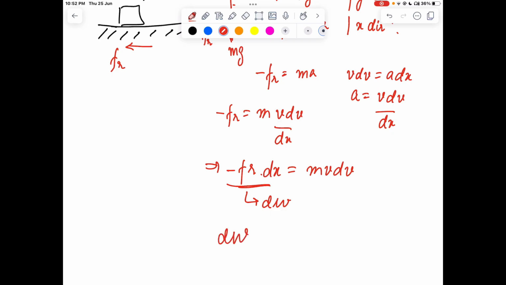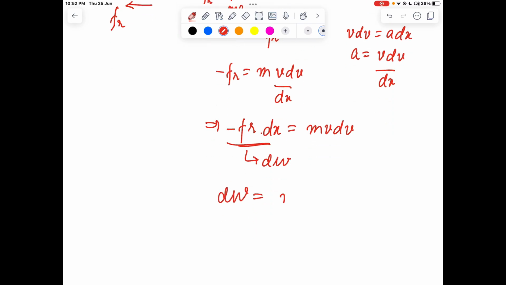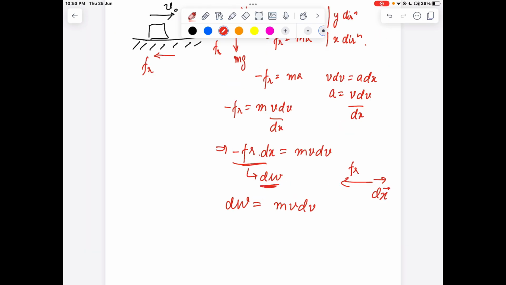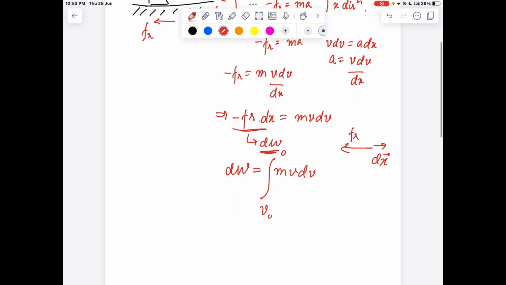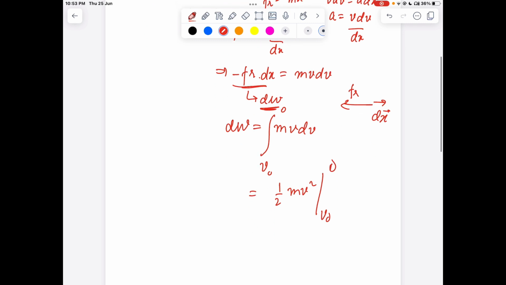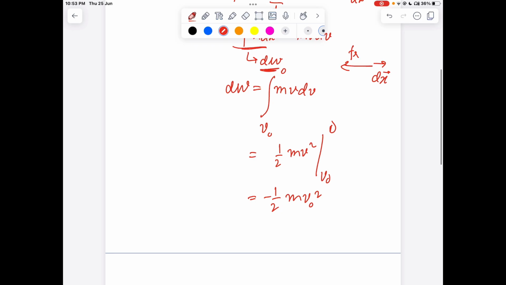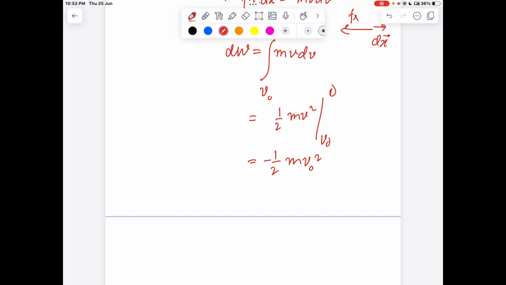So we have dW is equal to mv dv, and we integrate that from v naught to 0, right? And we have therefore half mv square from v naught to 0 is equal to minus half mv naught square, right? So as you can again see that the friction force is in this direction, which is opposite to the displacement. Therefore, the work done has a negative sign.